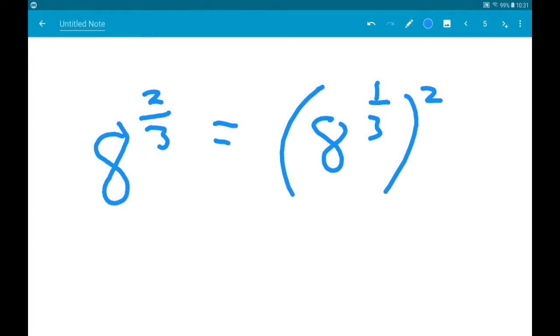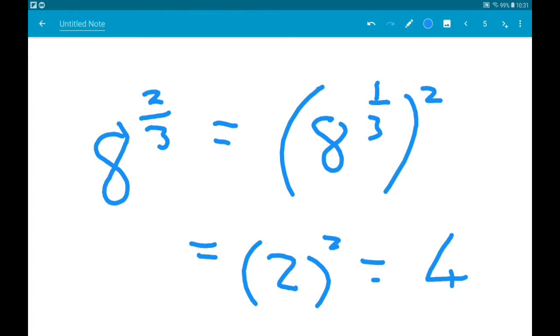So, now we can take care of the 8 to the 1/3. So we know that's asking for the cube root. So this is now 2 to the power of 2. So that's 4. So 8 to the power 2/3 is 4.